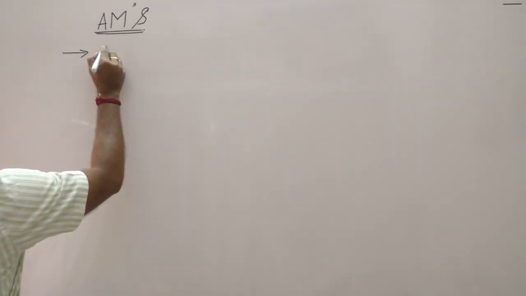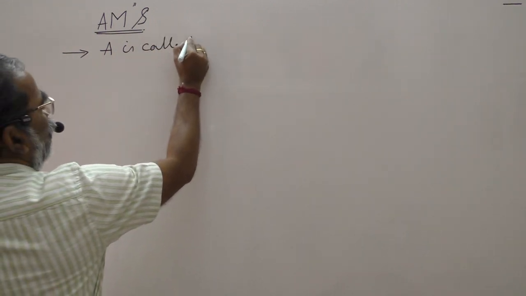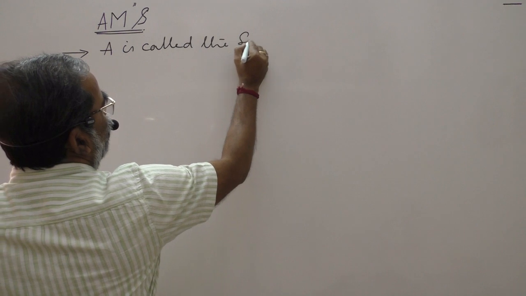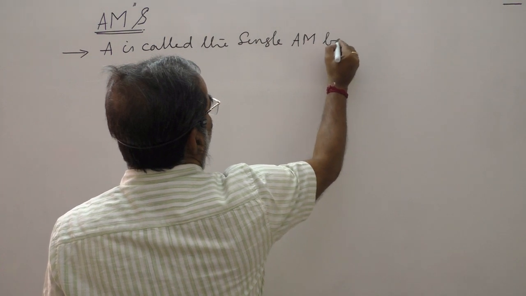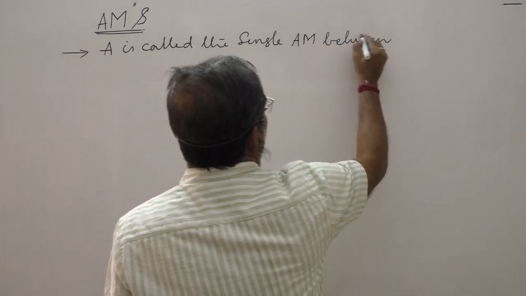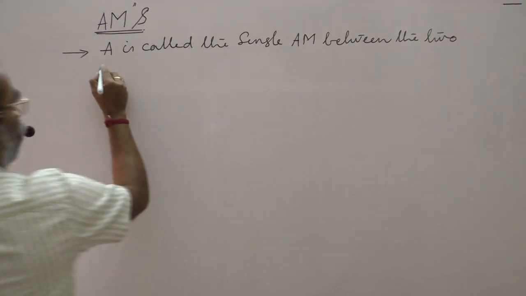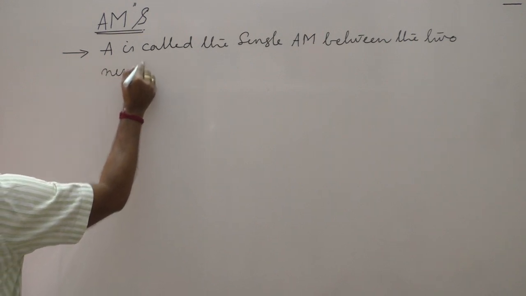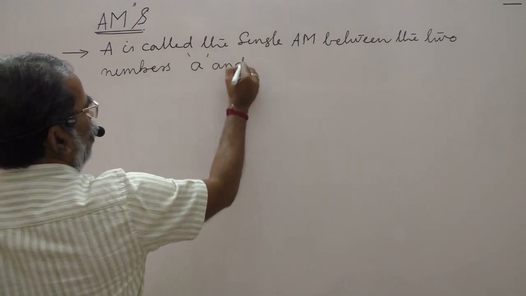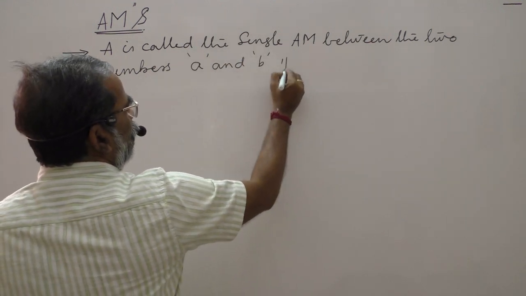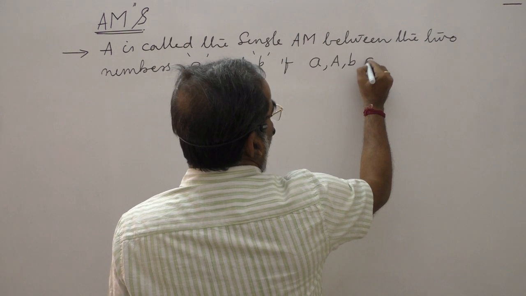A number A is called the single arithmetic mean, AM, between the two numbers small a and b, if small a, capital A, b are in AP.